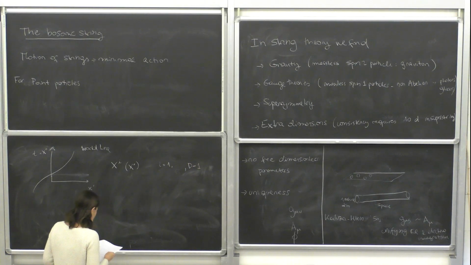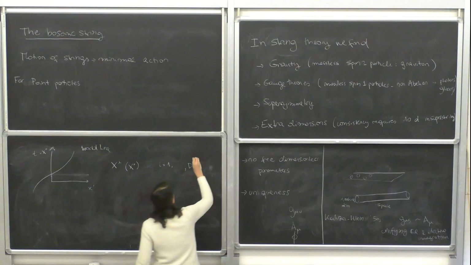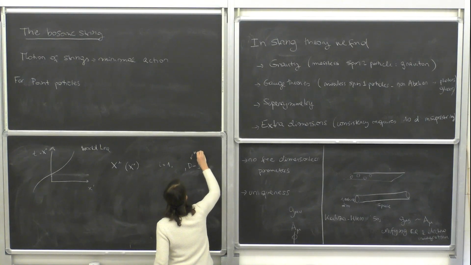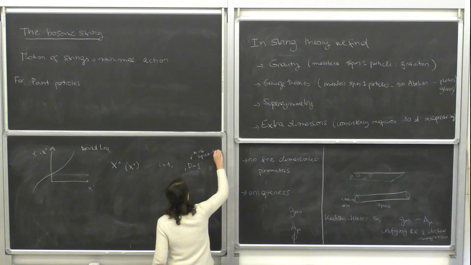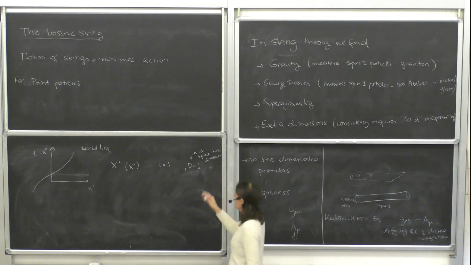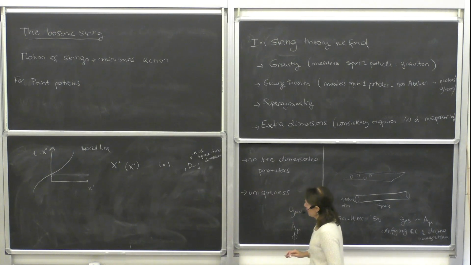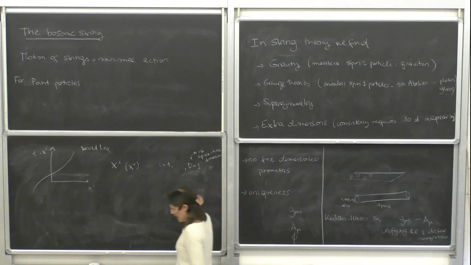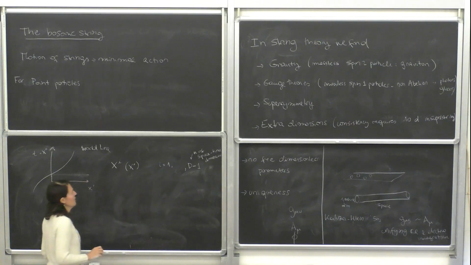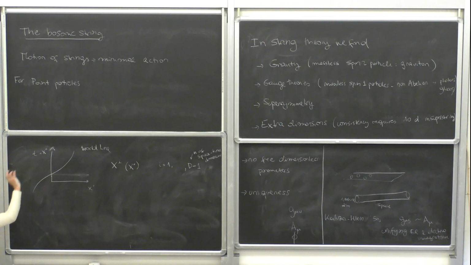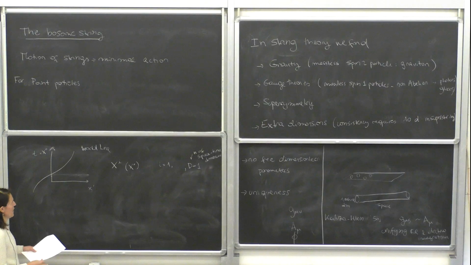Here d is the number of space-time dimensions, and we leave it general. So we say this is a particle moving in a d-dimensional space-time.